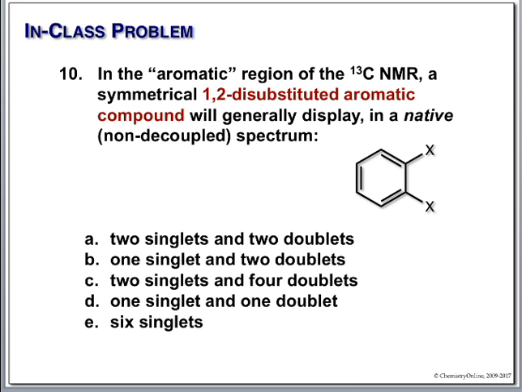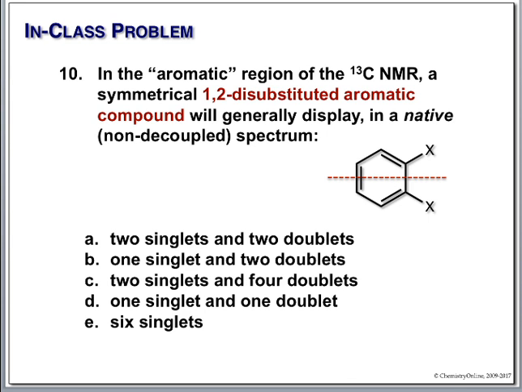The thing to do here is to appreciate the symmetry. Because it's 1, 2, and they're the same, we have a plane of symmetry right across the ring. If we have a plane of symmetry, that means that everything on the top is the same as the bottom, so we only have to really deal with one side or the other.